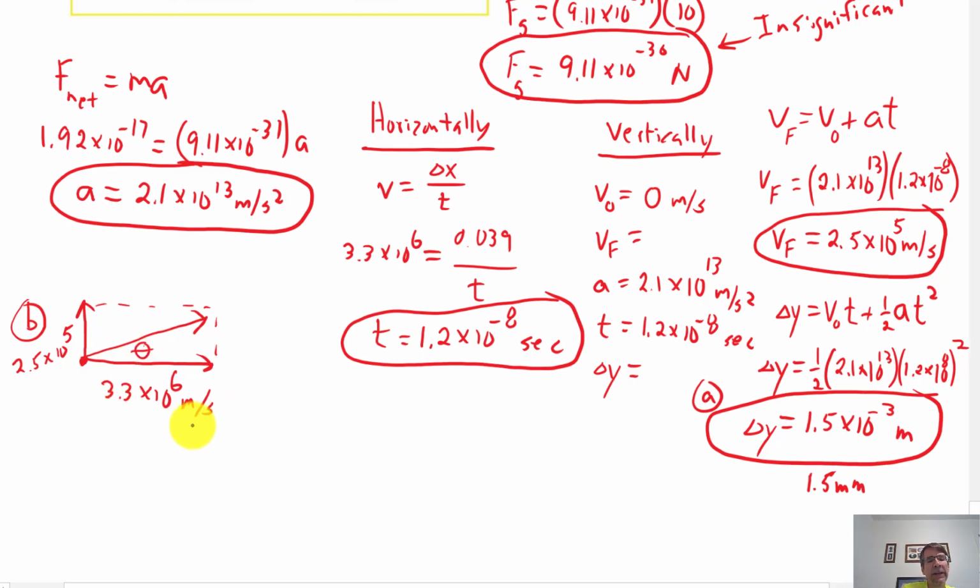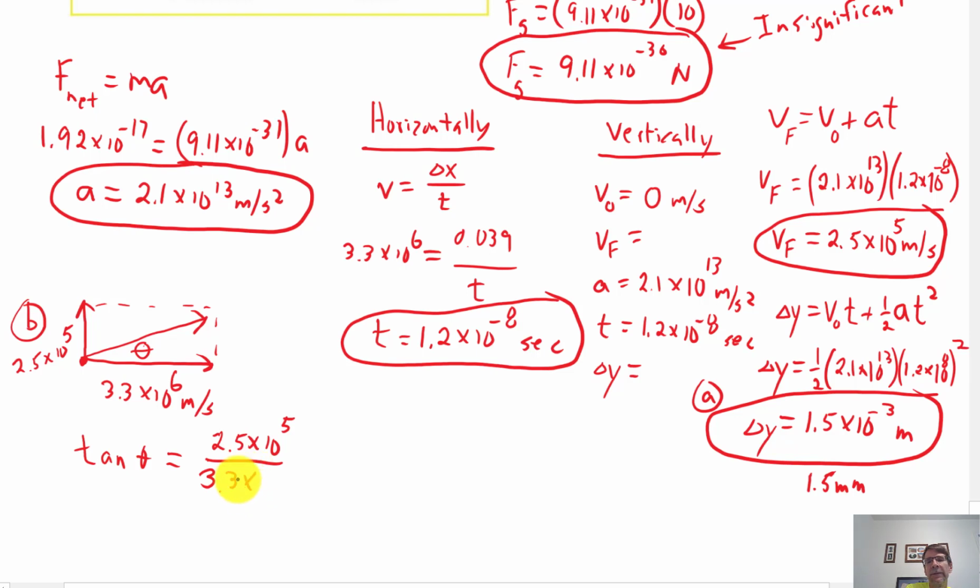To get that, I would use tangent of theta equals 2.5 times 10 to the 5th divided by 3.3 times 10 to the 6th. Not happy with my writing today for some reason. Hopefully you're more patient.